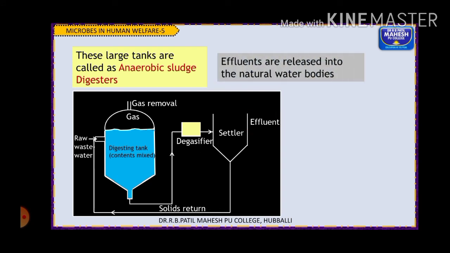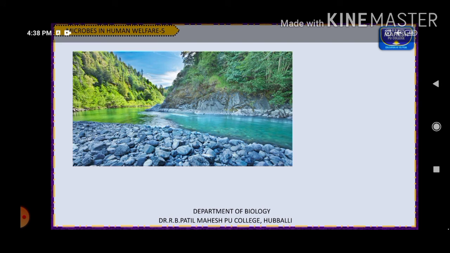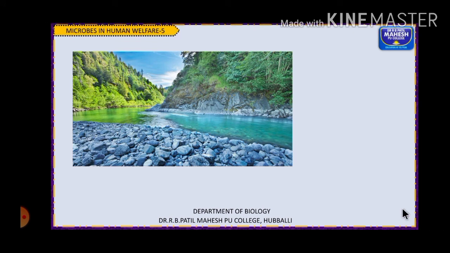So finally you can see that the treated sewage effluent is subjected to chemical treatment, that is for disinfection. Then it is allowed to be released into natural water bodies like rivers and streams. Okay, so this is the role of microbes in treating millions of gallons of sewage water every day across the globe.